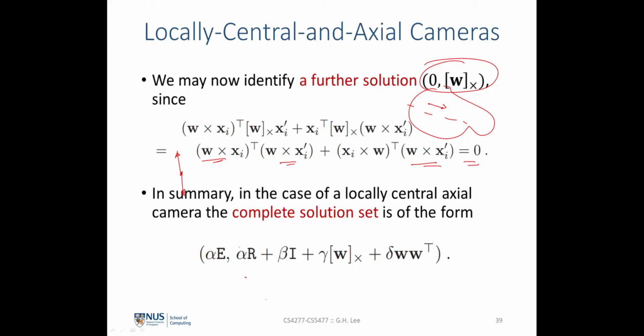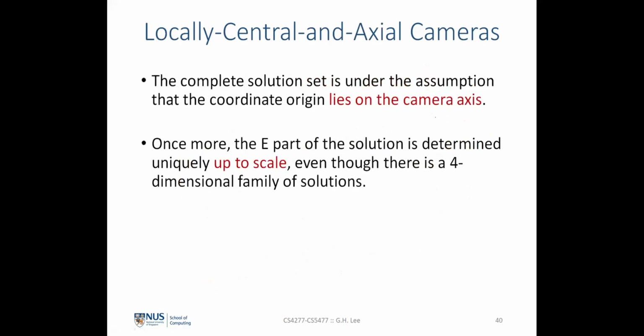So in this case, we can see that E and R are from the original epipolar constraint, and then we get zero and identity, which is from the locally central configuration. And then we will see that there is also the omega from this particular locally central and axial configuration. And finally, W multiplied by W transpose is from the axial camera setup.